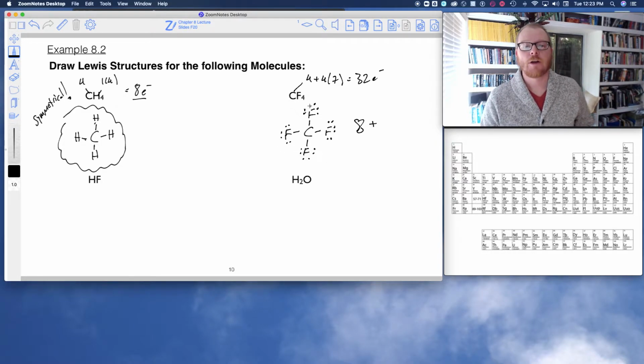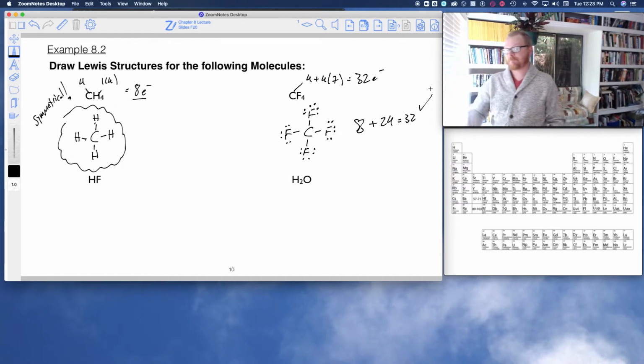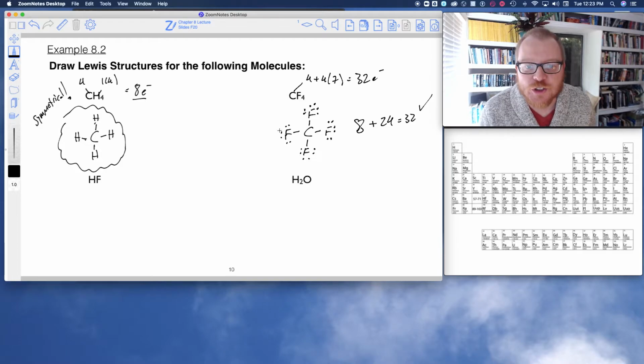Okay. 2, 4, 6, 8, 10, 12, 14, 16, 18, 20, 22, 24. Great. Okay. And each fluorine is 2, 4, 6, 8. Octet rule. Carbon is 2, 4, 6, 8. Octet rule.